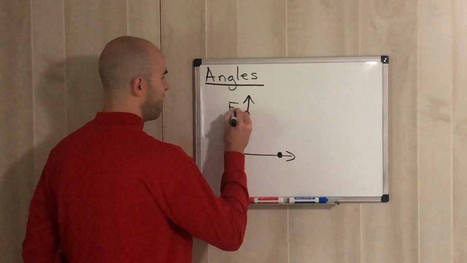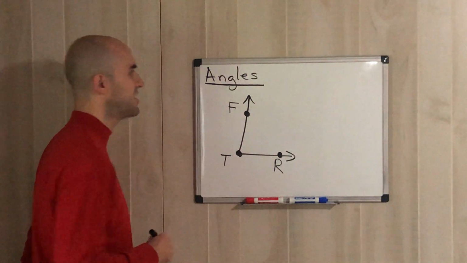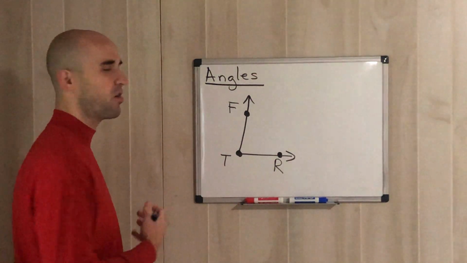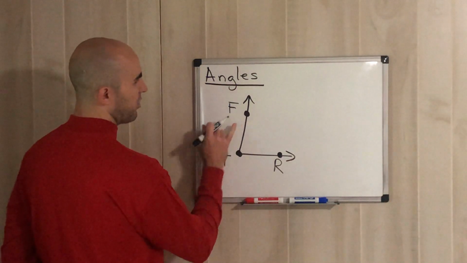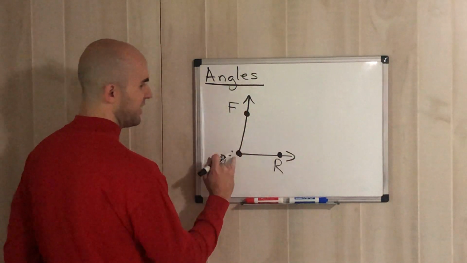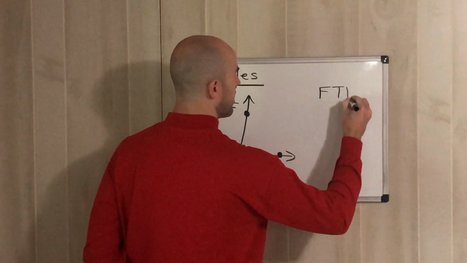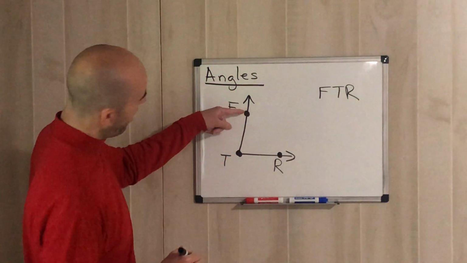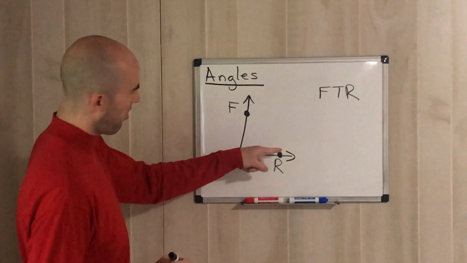Let's call this F, T, R. When you're labeling an angle, it's always important to go in order. So for this angle, going in order, you can call it angle FTR, because I started at one end and then went straight through. So FTR went in order.